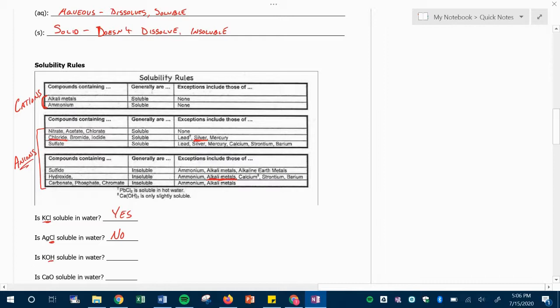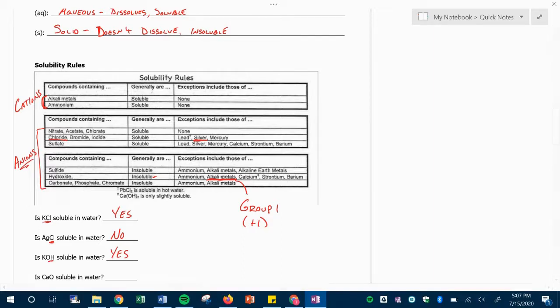Everything in that first column, or group 1, is an alkali metal, meaning it's the +1 group that we've been using for naming. So since hydroxides are insoluble except with the alkali metals, and KOH contains an alkali metal, yes, it's soluble in water, because it's the opposite of insoluble, which remember means solid.